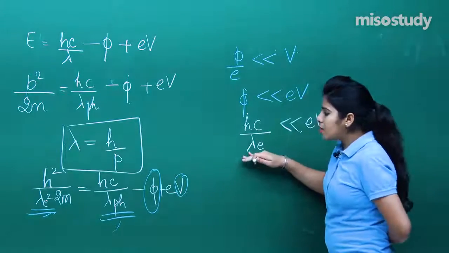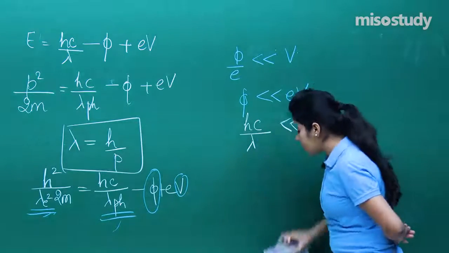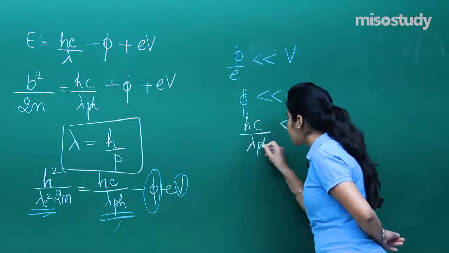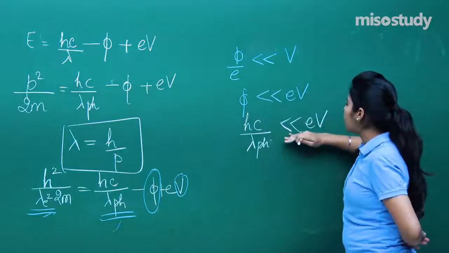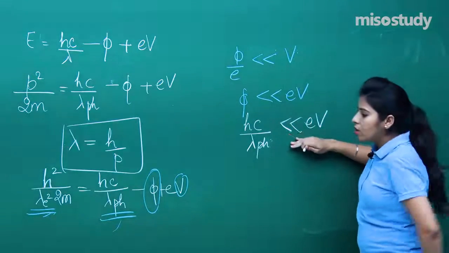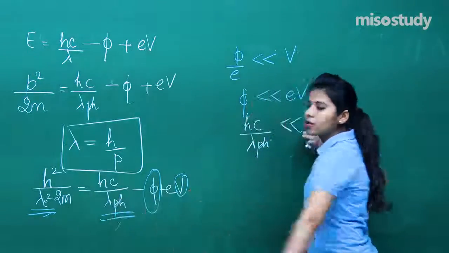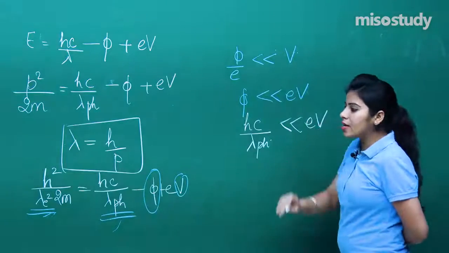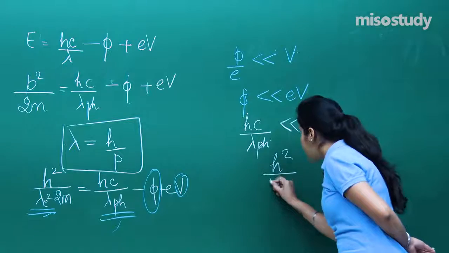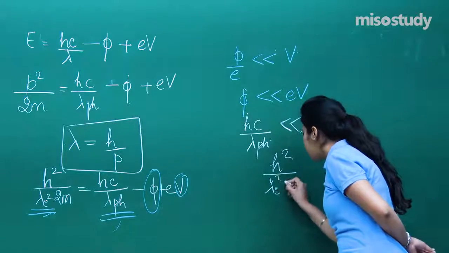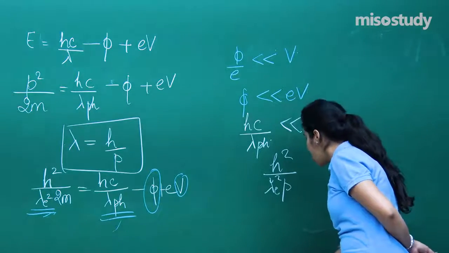Because this is not for the electron, this will be for the photon. Now because you are saying that this is very much smaller than eV, again you can ignore this. So directly we have a relation: h squared by lambda e squared, 2m.